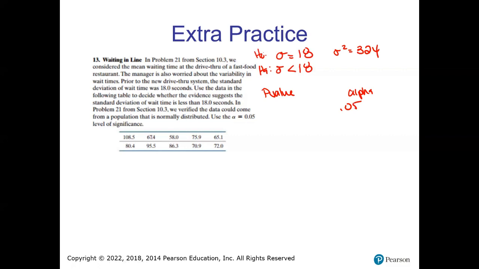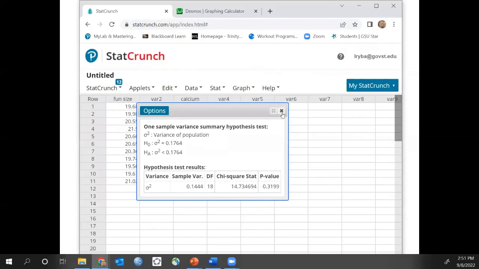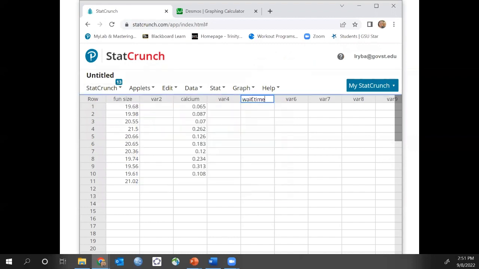Let's open our StatCrunch. All right, so this is wait time. Our wait times are 108.5, 67.4, 58.0, 75.9, 65.1, 80.4, 95.5, 86.3, 70.9, and 72.0.